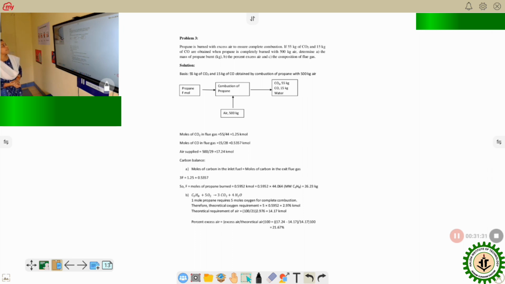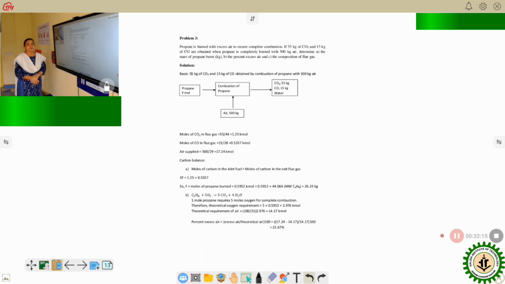Now to find out the mass of propane burned, we have to consider the carbon balance. Moles of carbon in the inlet fuel will be equal to the moles of carbon in the exit flue gas. Considering the balanced stoichiometric equation, C3H8 plus 5 O2 gives 3 CO2 plus 4 H2O. So 3 moles of carbon are present in the propane, so 3 into F, where F moles is considered for propane to burn.